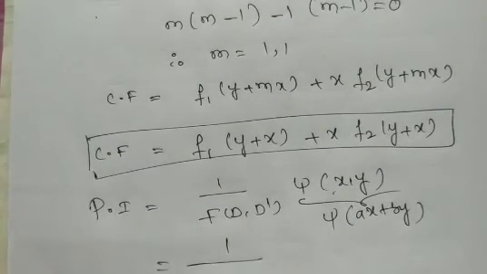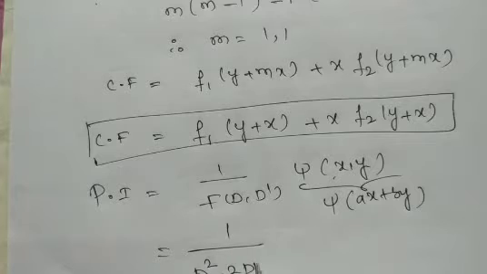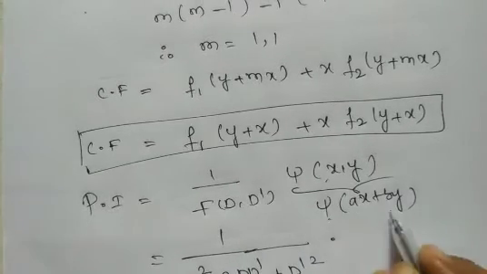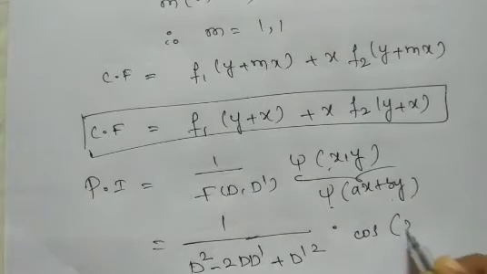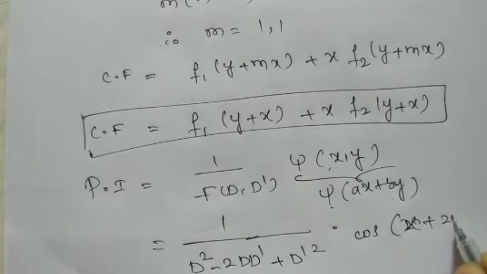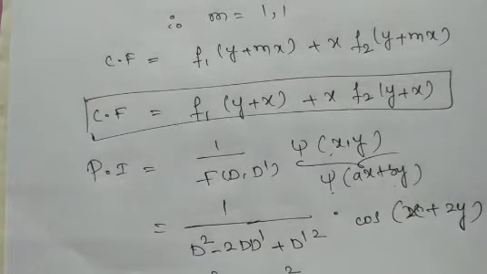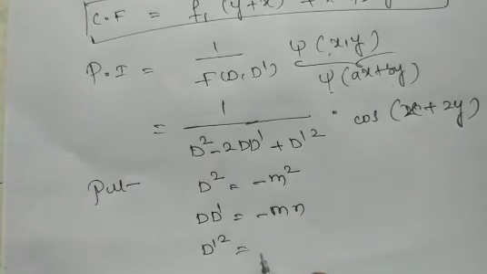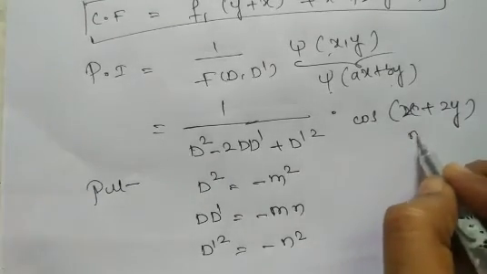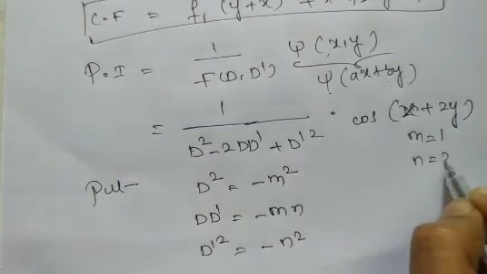So 1 by (D square minus 2DD dash plus D dash square) into cos of (x plus 2y). Here we substitute D square equal to minus m square, DD dash equal to minus mn, D dash square equal to minus n square. Here m equals 1 and n equals 2.